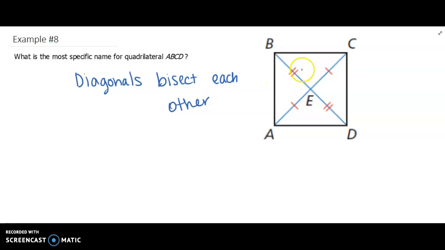Okay, we know nothing other than the diagonals bisect each other. Okay, so the only thing we could really call this other than a quadrilateral is a parallelogram.